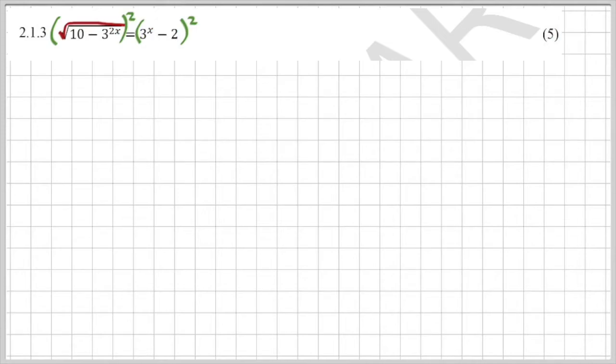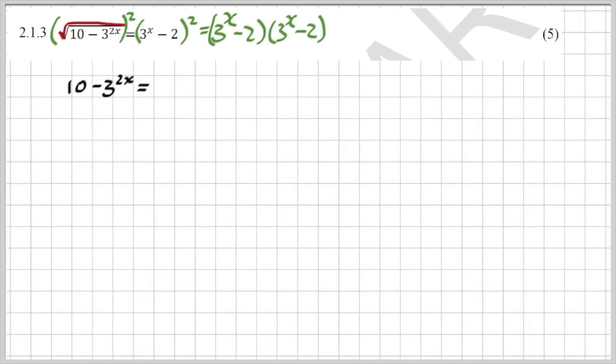To make life a little bit simpler, I'm going to write out my right-hand side, the 3 to the x minus 2, into two brackets. Remember, it is multiplying 3 to the power of x minus 2 with itself.